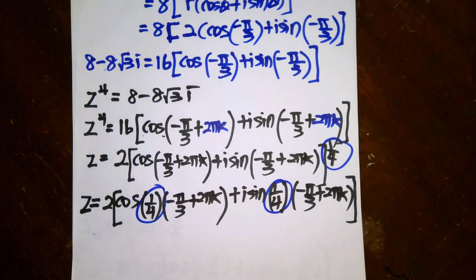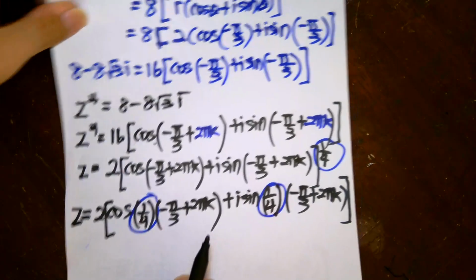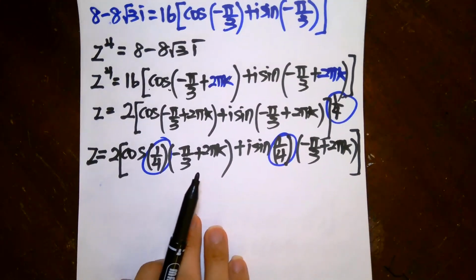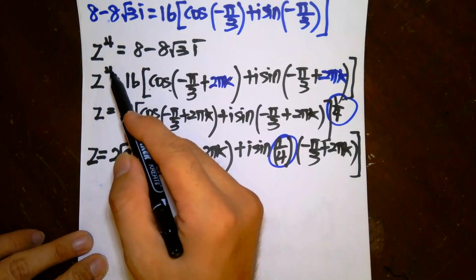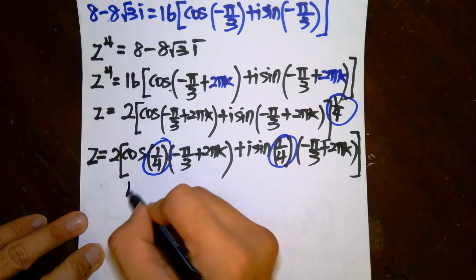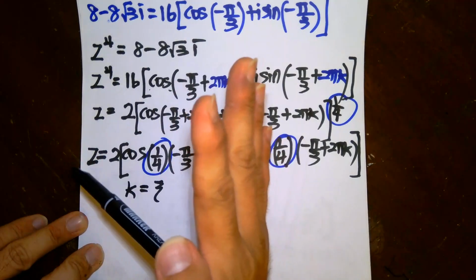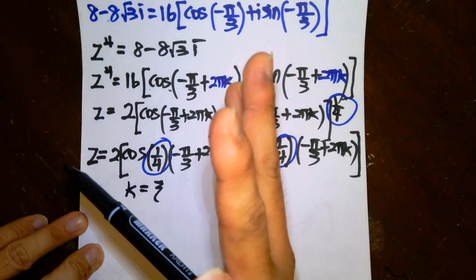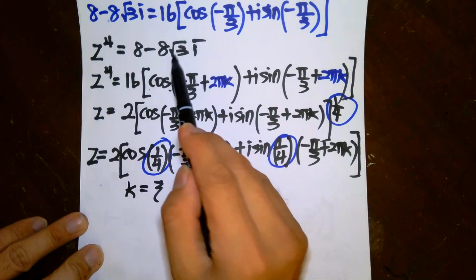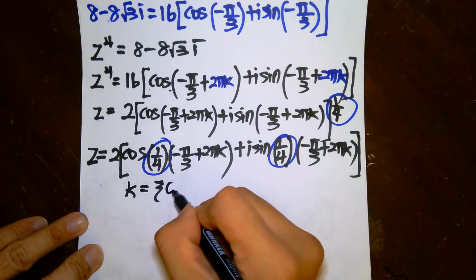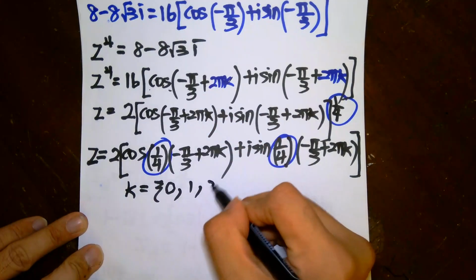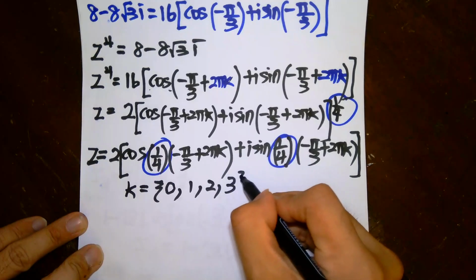So I'm going to apply the n roots method, where if I want to find the fourth roots, then we know that there will be 4 fourth roots of this. So the k values have to be 0, 1, 2, and 3.